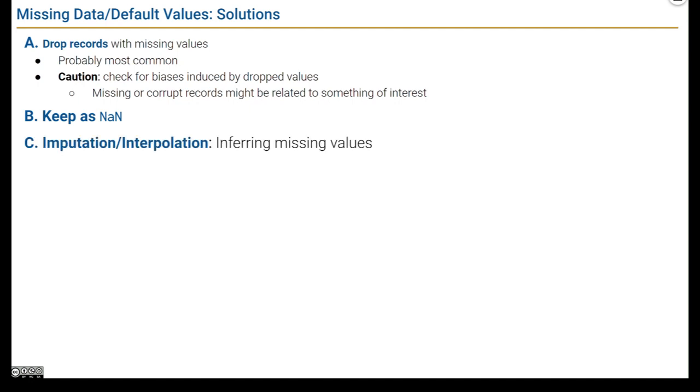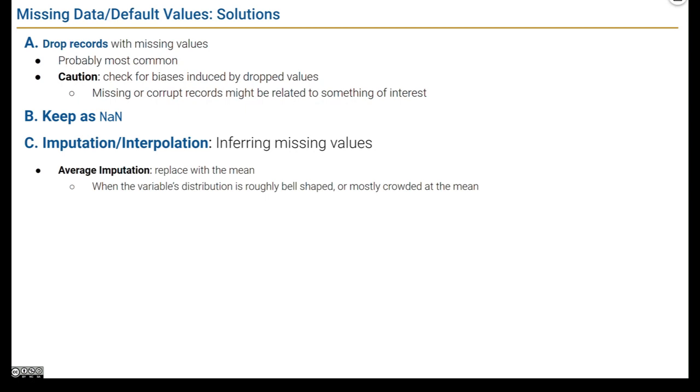A third common practice is to do what's called imputation, where you replace a missing value with some other value. And there's a way that you can decide what to replace it with. One common replacement is the mean of a given variable.